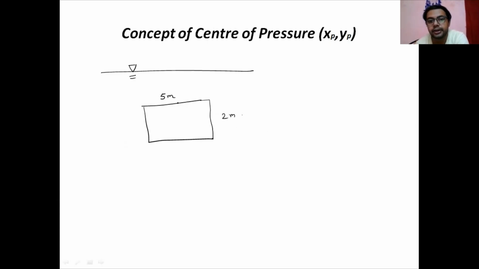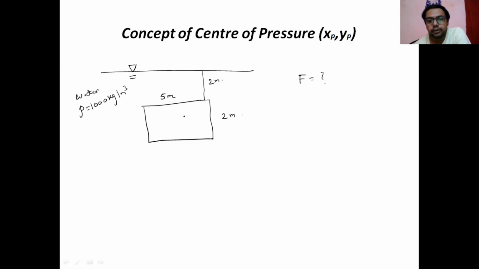Where would its centroid be? From the free surface it is 2 meters. So what is the force acting over it? Simple thing. If you are told it is water, water means density, you can consider 1000 kg per meter cube. A simple question we can first try.